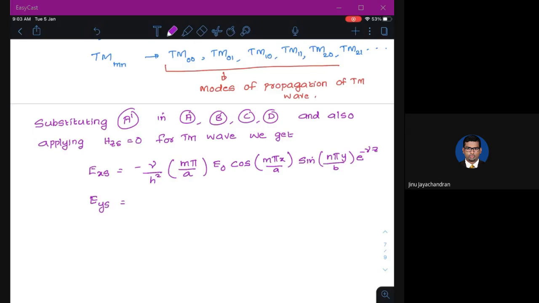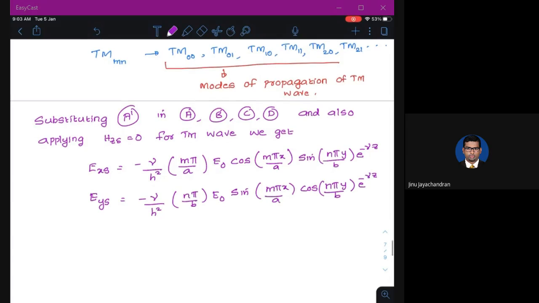EYS is equal to minus gamma by h square n pi by b E0 sine m pi x by a into cos n pi y by b e raised to minus gamma z.